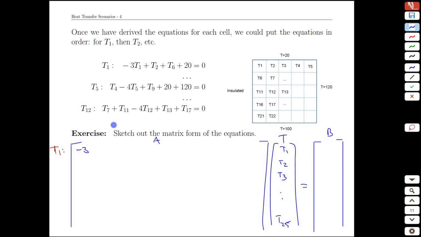Well, that's just a negative 3 times T1. We'd have a 1 in the second column for T2. And then, let's put a little vector on here.